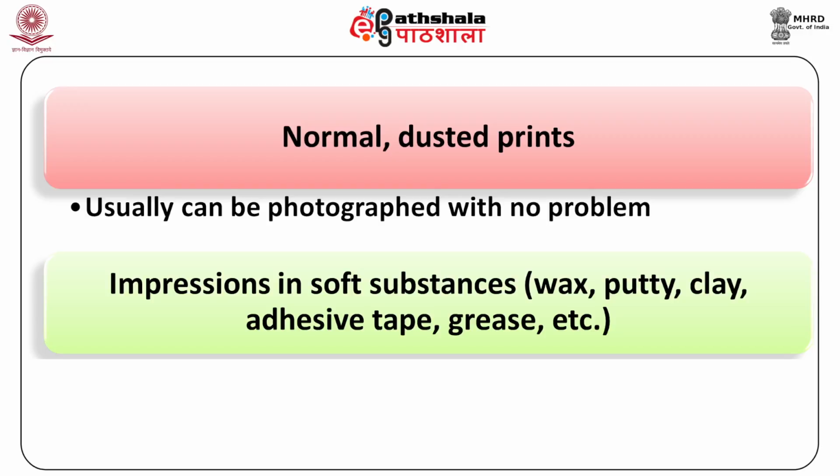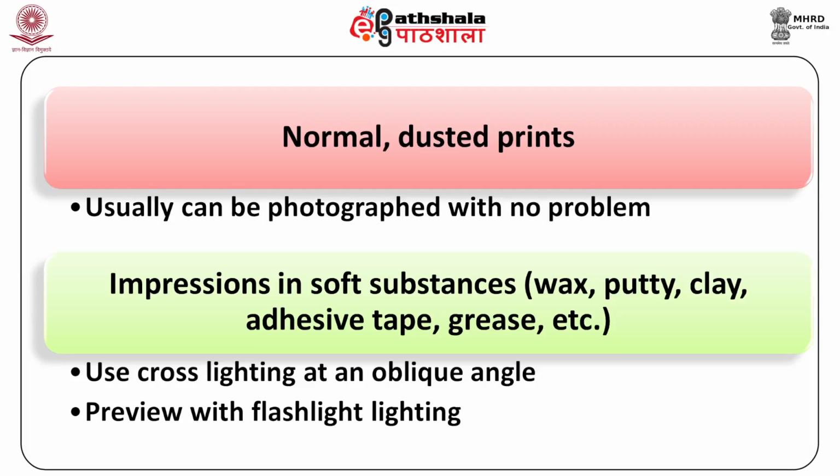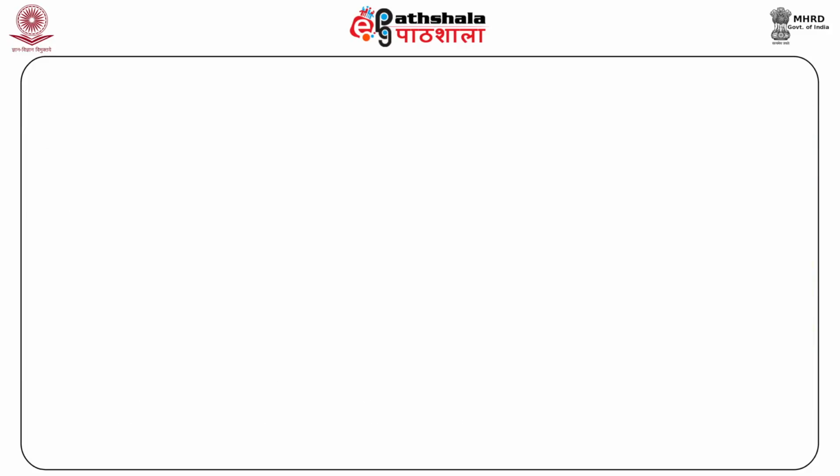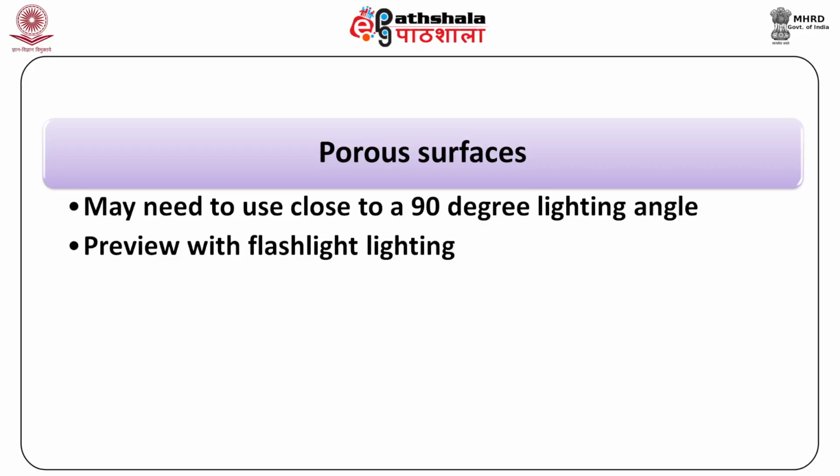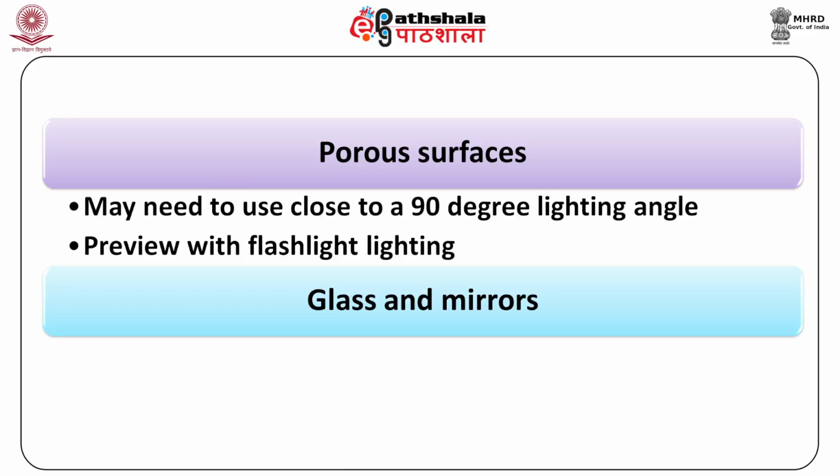Now the next is impressions in soft substances like wax, putty, clay, adhesive tape, grease, etc. Use cross lighting at an oblique angle or preview with flashlight lighting. On porous surfaces, you may need to use close to a 90-degree lighting angle and to preview with flashlight lighting. Now on glass and mirrors.